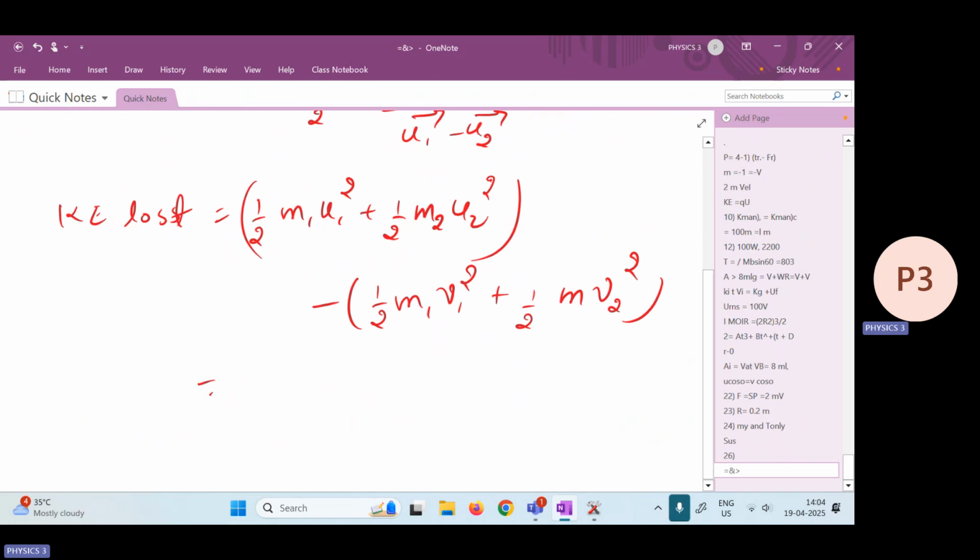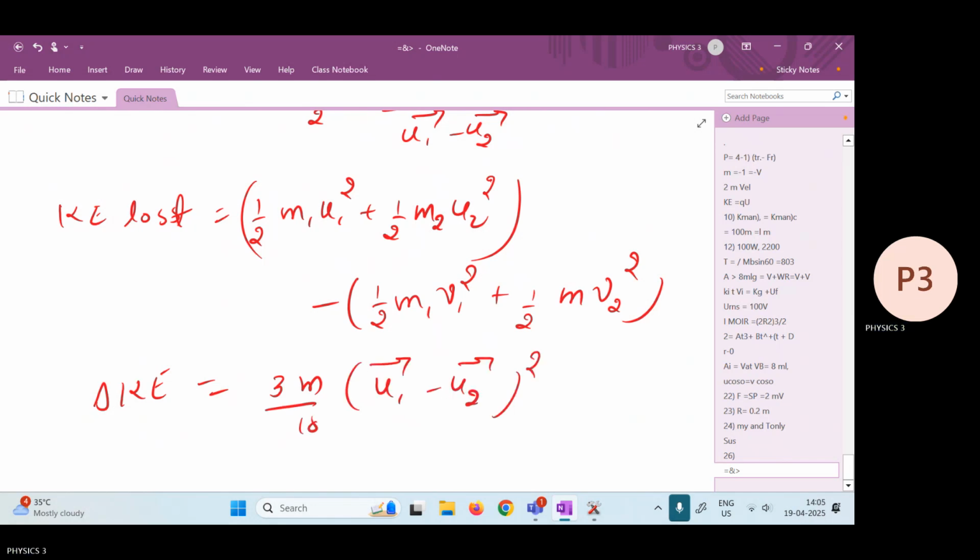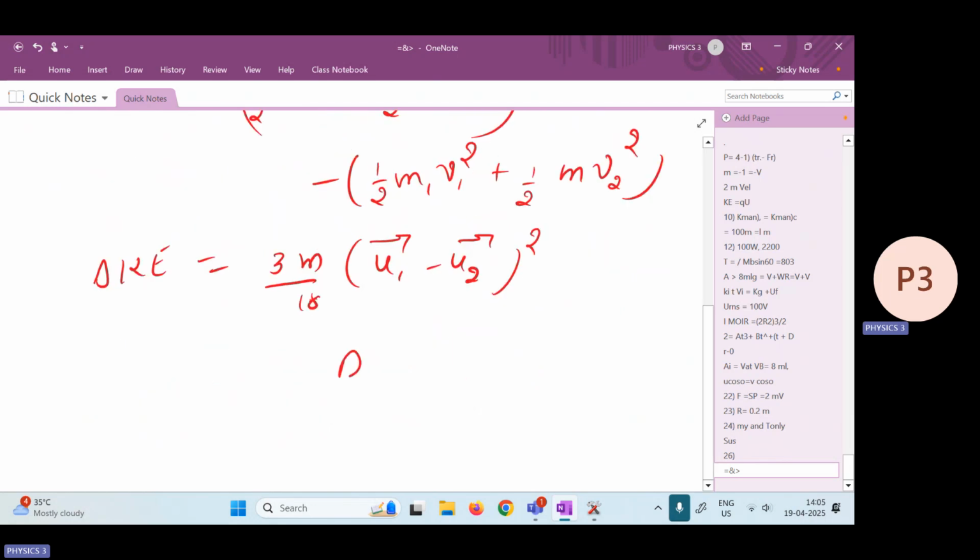If you solve all this, then you will get delta K as 3m by 16 into u1 minus u2 whole square. Okay, so D option is absolutely true in this situation. Okay, now let's go to the next question.